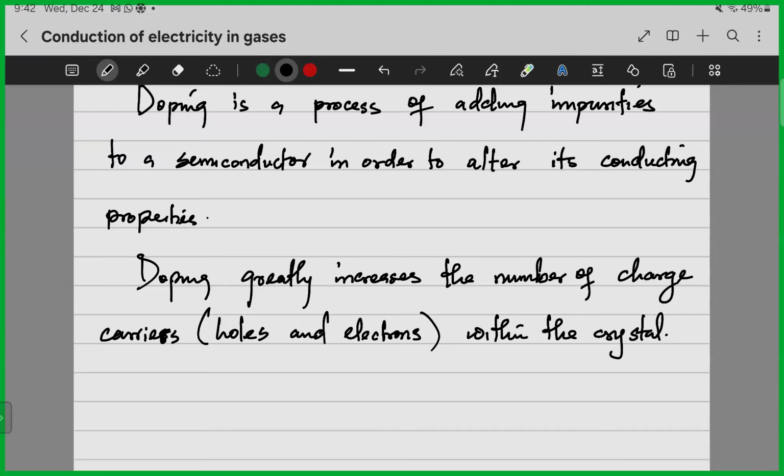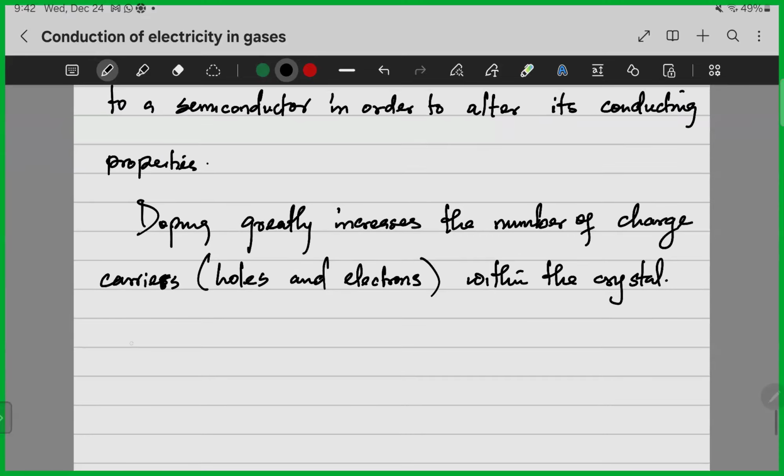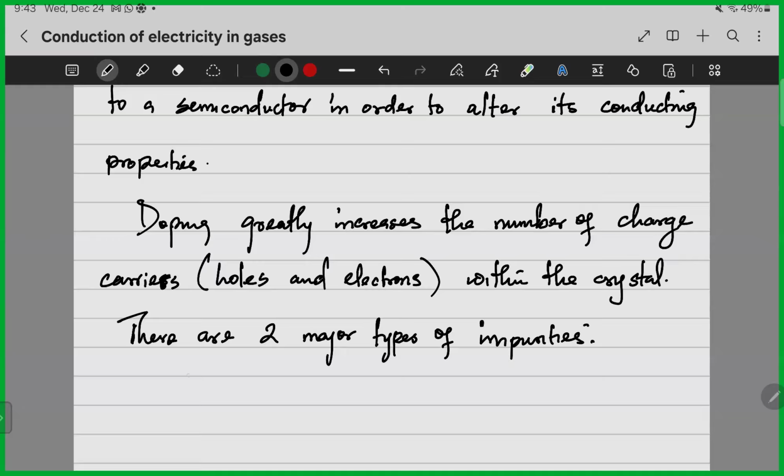So there are two major types of impurities. There's one called donor, and examples of that are antimony, arsenic, and phosphorus.